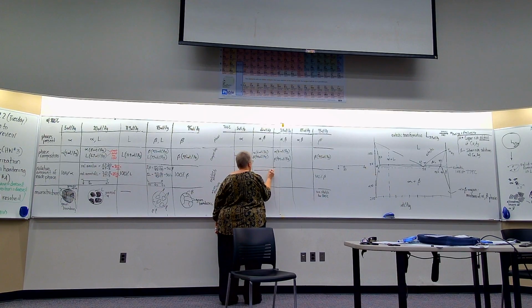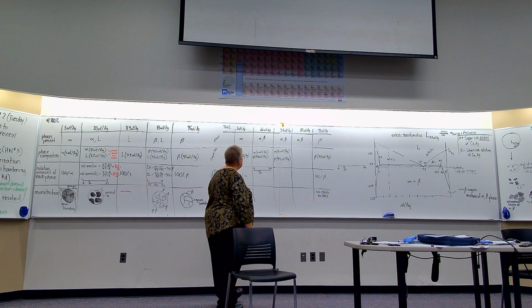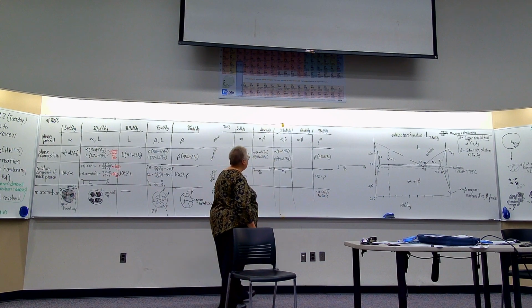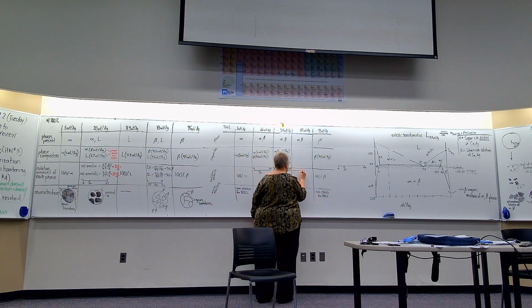My line goes from 6 to 94 with the fulcrum at 20. For the eutectic, it also goes from 6 to 94 with a fulcrum at 71.9. And for 85, also the same two endpoints, 6 and 94. This time the fulcrum is at 85.